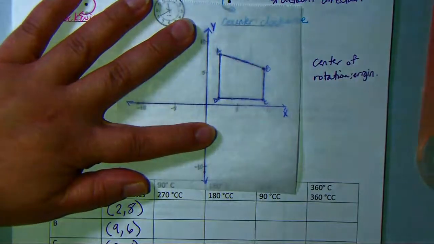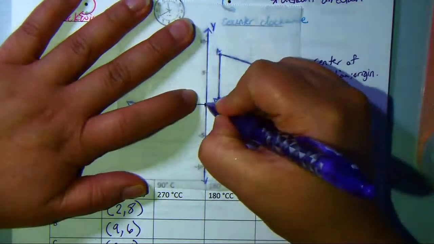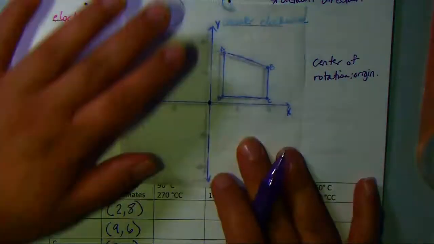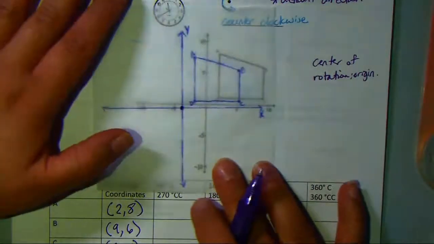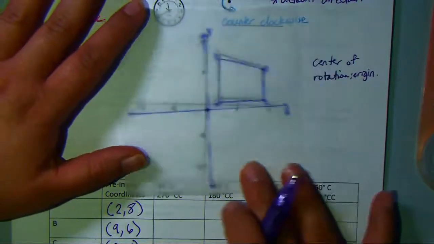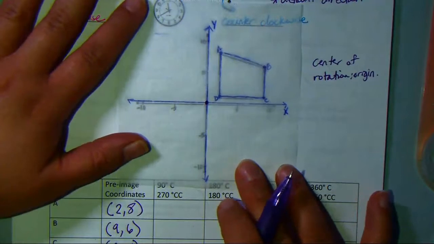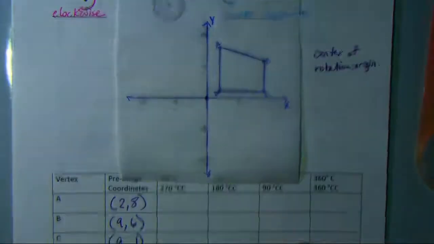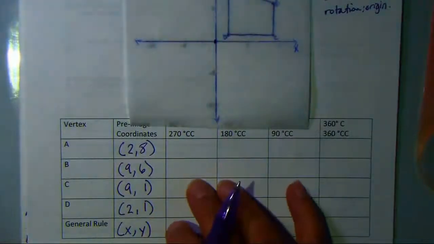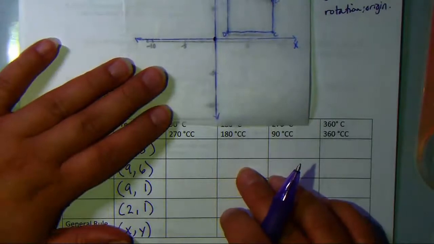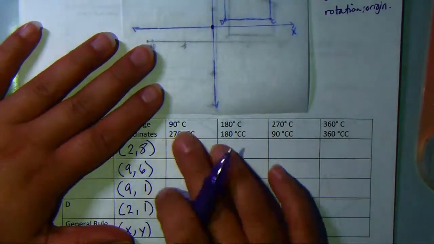We're using our origin as our center, so there it is. You can see that this patty paper, or parchment paper, is directly on there. The first direction we can move is clockwise.